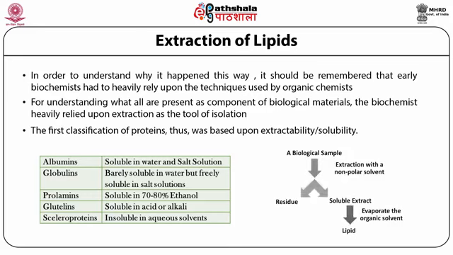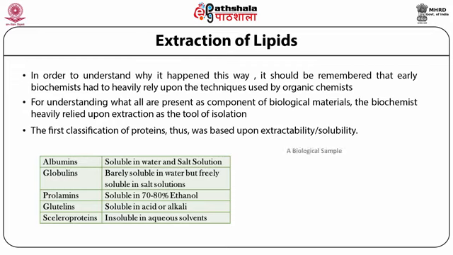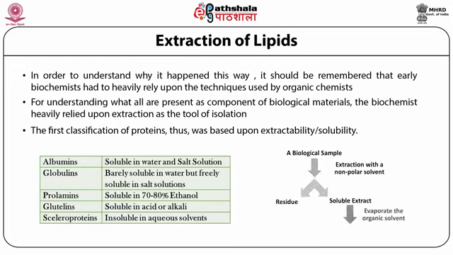In the case of the lipids, it gradually emerged that what gets extracted may depend upon the nature of the organic solvent. For example, a polar organic solvent may extract selectively a different constituent of the biological material.